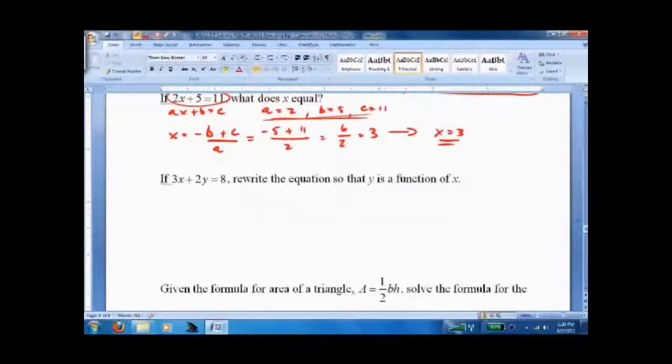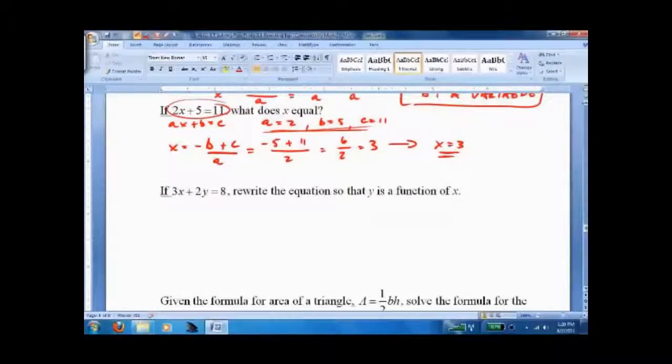So the real way we're going to use it is when we get to the next unit, we start graphing things. We need everything in terms of y. So if I gave you something like 3x plus 2y equals 8, instead of writing it as y, here's what you do. You move everything around.